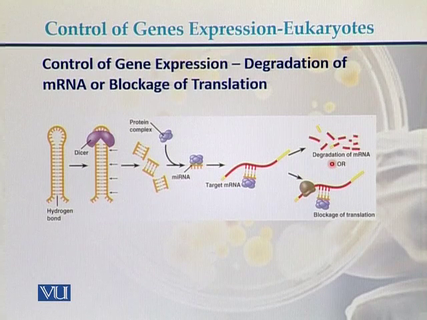If the messenger RNA is degraded, there is no translation and no production of protein. Second, it can block the translation when the microRNA binds to the complementary messenger RNA. So by two different methods, gene expression can be controlled: microRNAs either degrade the messenger RNA or block the translation.